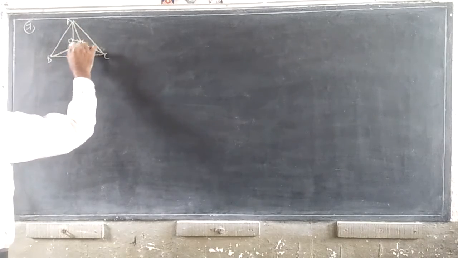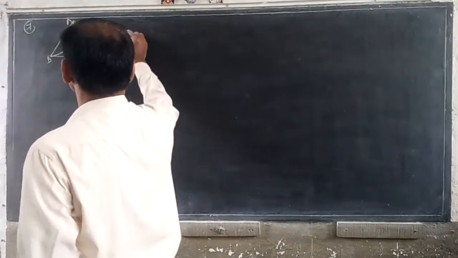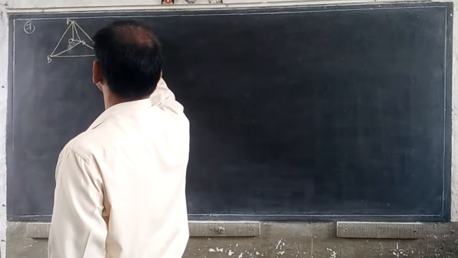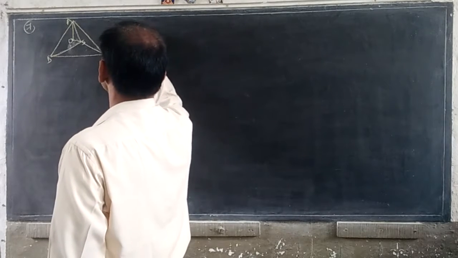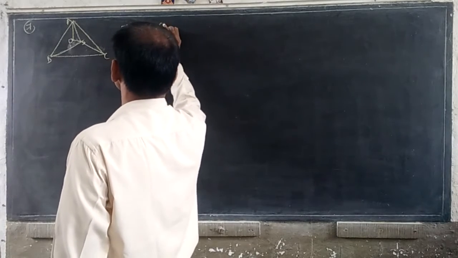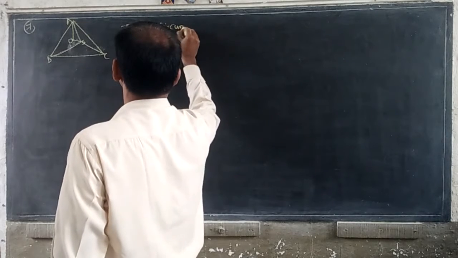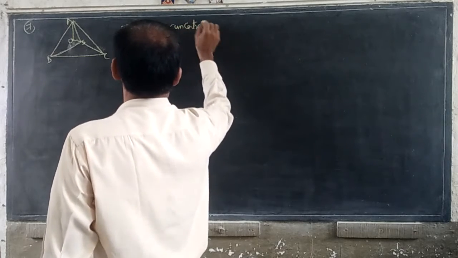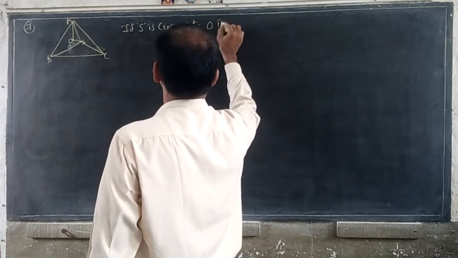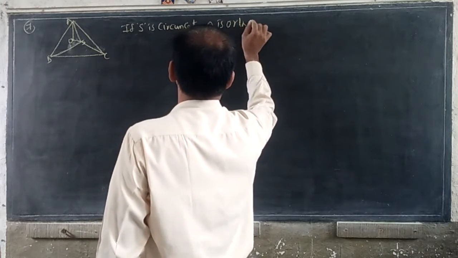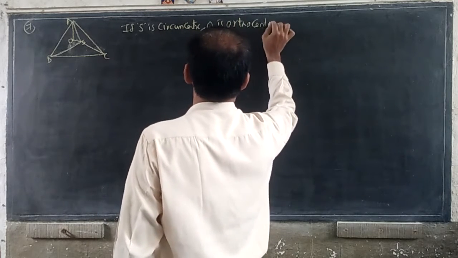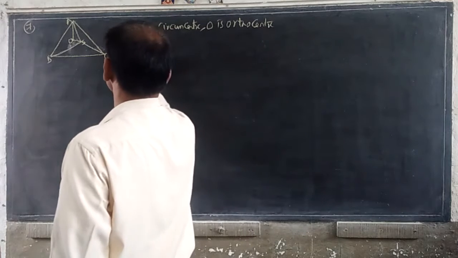S is circumcenter, O is orthocenter. Let us write a formula. If S is circumcenter, O is orthocenter.